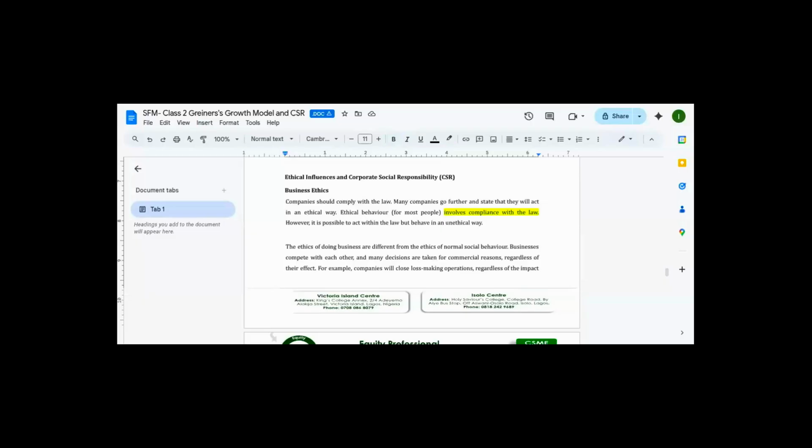They must abide by laws, governments, regulations, constitutional provisions, code of corporate governance, CBN directives, agency laws, environmental sustainability laws, employment laws, whatever the nature of the laws. It is expected of a company to adhere rigidly, strictly to all these laws. Total compliance. That is what we call business ethics.